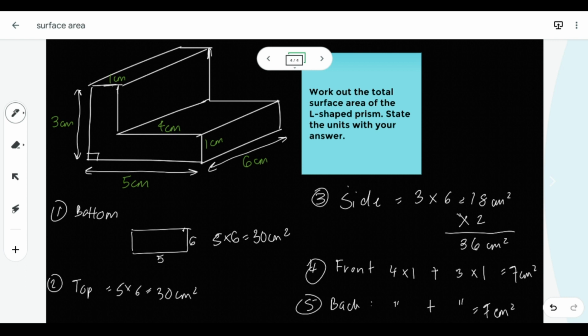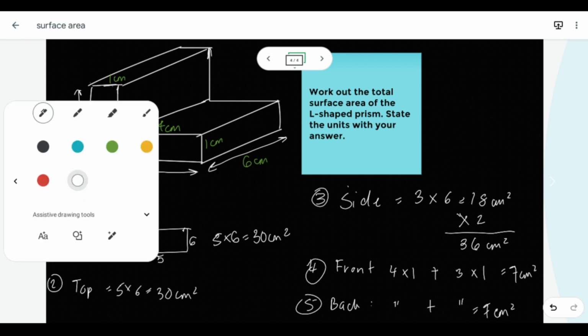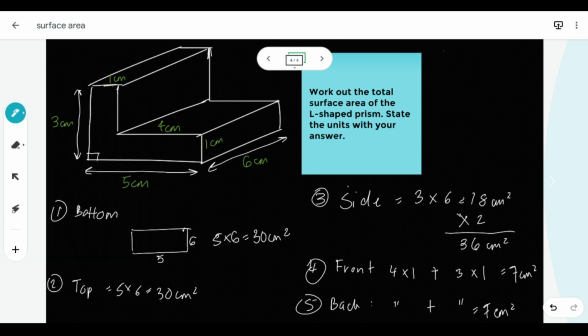Now, the final surface area would be to add all of these values together. Okay, so let's write the surface area here.